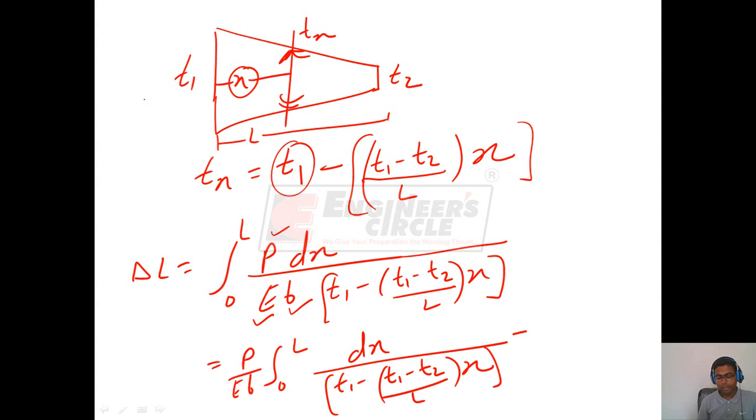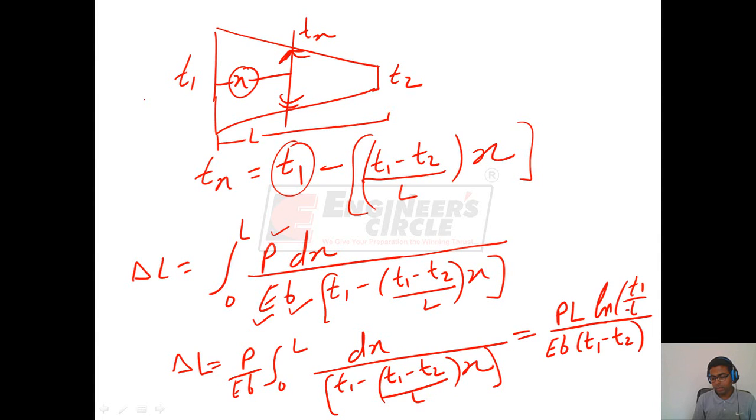Integrating this, we will get elongation delta L as PL by E B into (T1 minus T2) into ln T1 by T2. Remember that thickness T1 is the greater thickness and T2 is the smaller thickness.